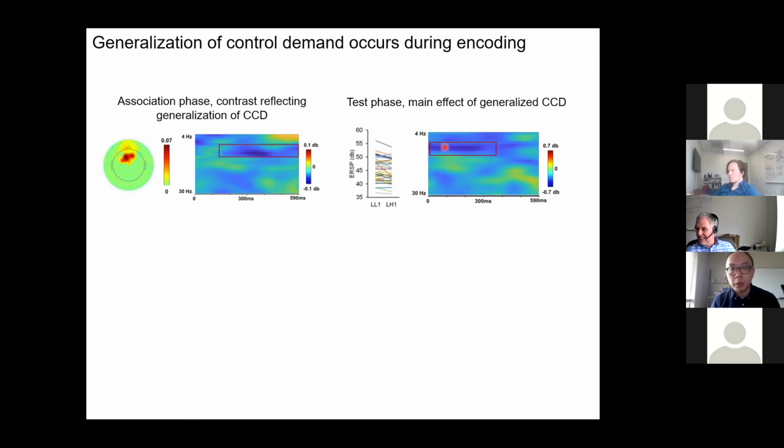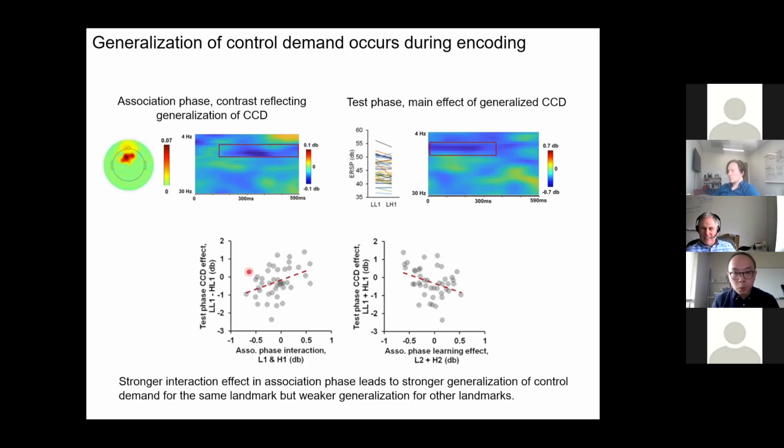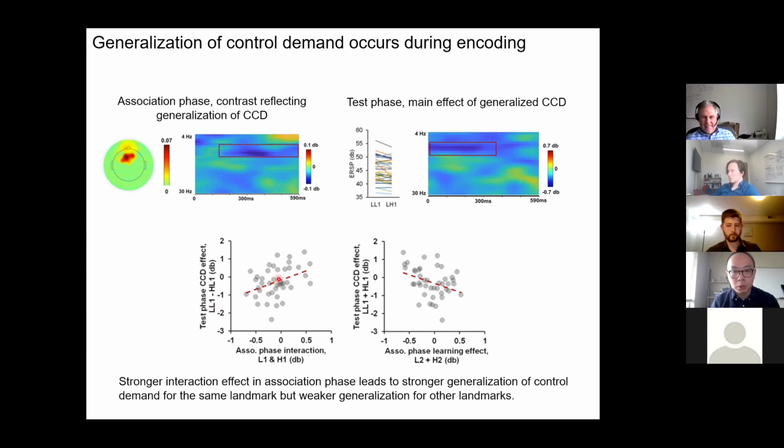Then these two should be positively correlated, such that if you have a stronger generalization during learning, then you should have a stronger retrieval of generalization. In order to test this, we did a cross-participant correlation of the strengths of those two components. We had 43 participants, so we have some power to do this analysis, and indeed we find this positive correlation between the two components.